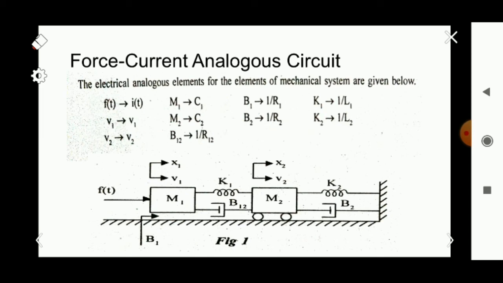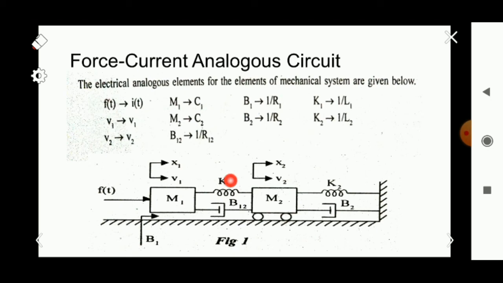We know that there are two nodes in the mechanical system, so when drawing the force current analogous circuit there will also be two nodes. Considering the first node, we apply a force f of t, so there will be a current source I of t. Instead of b1 there should be a resistor R1 connected to node 1, and since M1 is there, we connect a capacitor C1 to node 1.